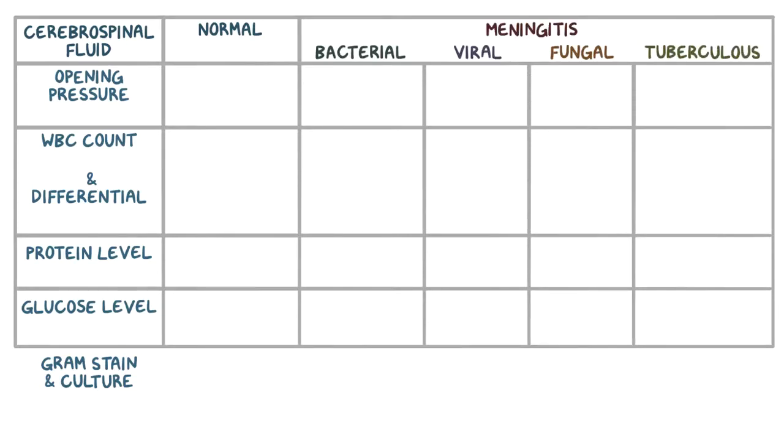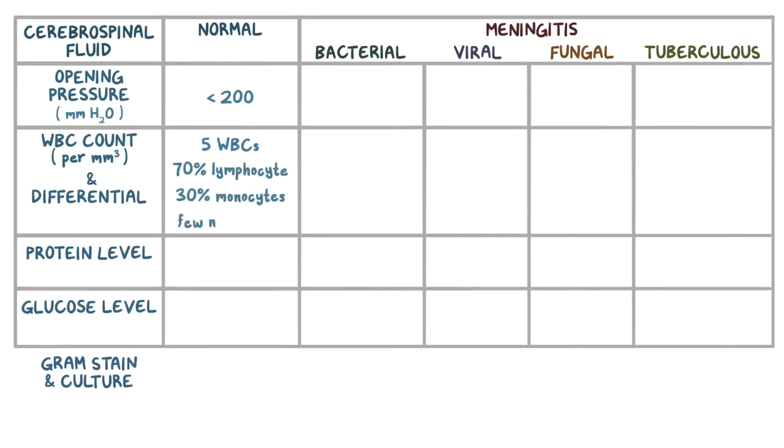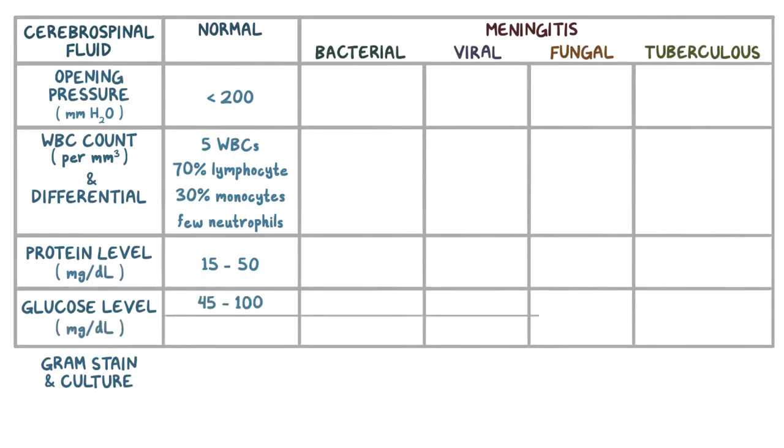Now, normally the opening pressure is below 200 millimeters of water, and only up to 5 white blood cells are present per cubic millimeter. 70% of those white blood cells are lymphocytes, 30% are monocytes, and very, very few are neutrophils. Normal cerebrospinal fluid protein levels range between 15 to 50 milligrams per deciliter, and glucose levels are usually between 45 to 100 milligrams per deciliter. The glucose in cerebrospinal fluid is often 2/3 of that in the serum.